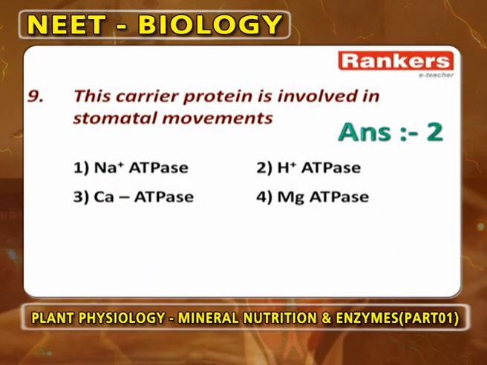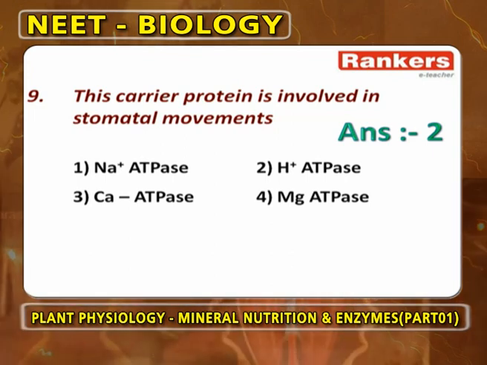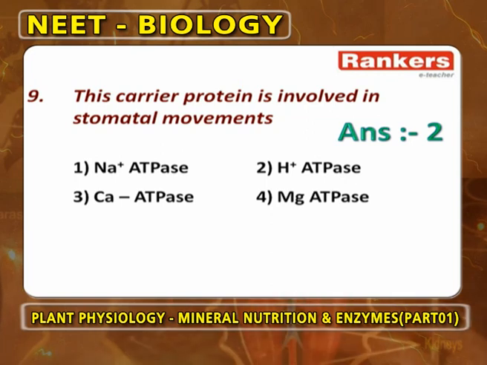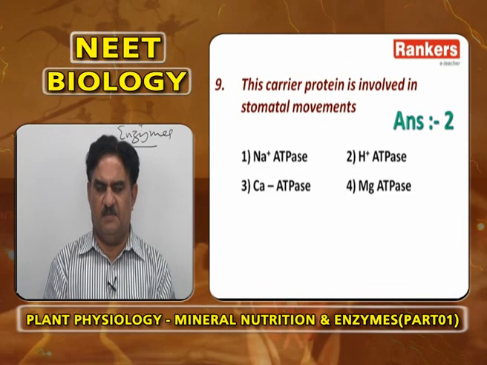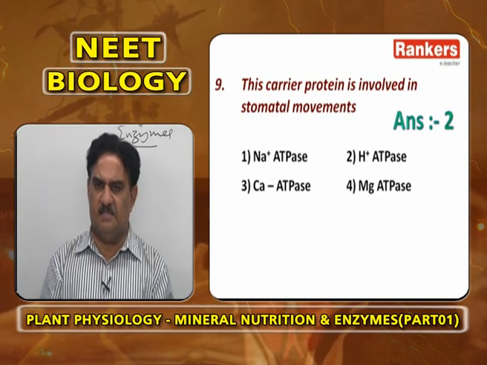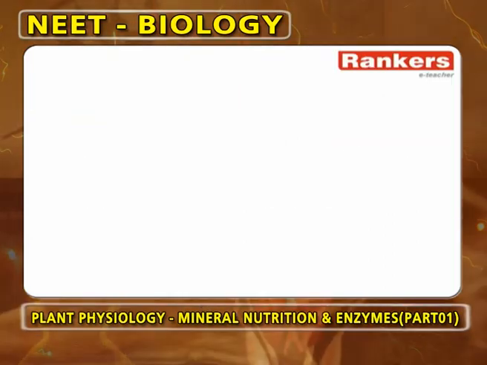So the carrier protein that is involved in stomatal movements is H plus ATPase, not Na plus ATPase or Ca ATPase, Mg ATPase. It is H plus ATPase. So the answer is second option.